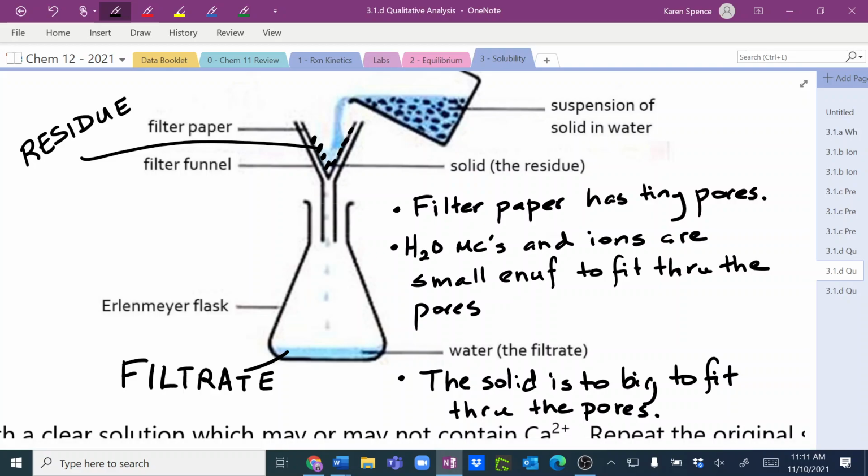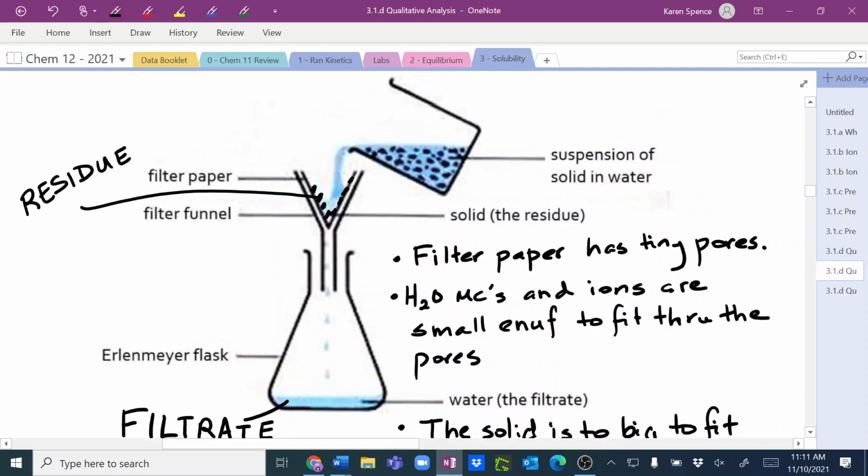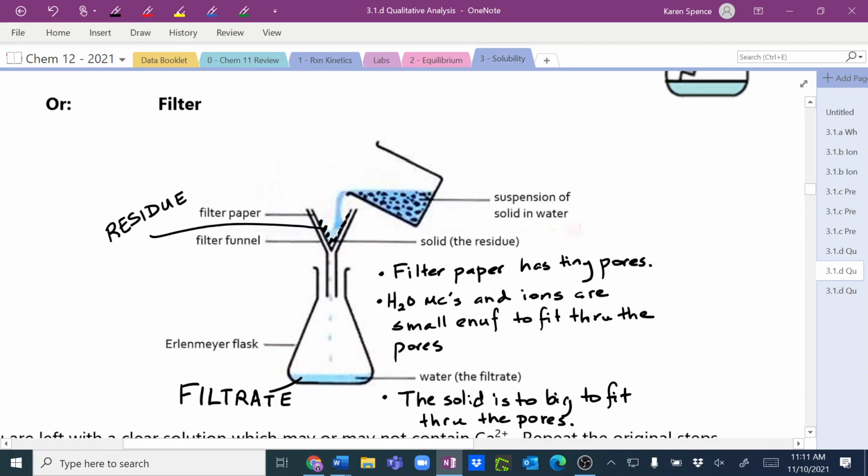That's one way of doing it. And if you're writing about separating ions, that's a nice way to choose, because with filter, all you do is say, oh, filter out the precipitate. That's short, yes?